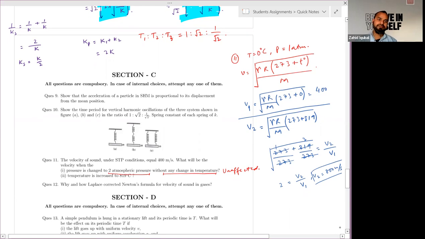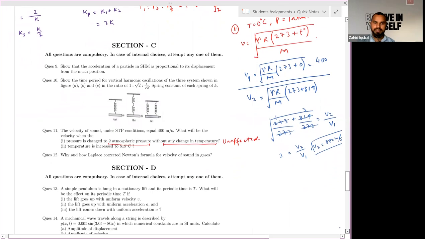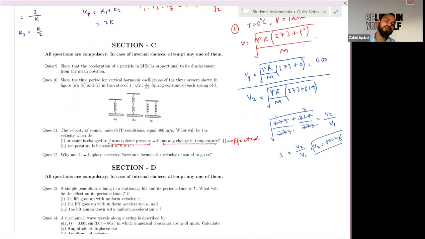Question number 12. Why and how did Laplace correct Newton's formula for velocity of sound? According to Newton's assumption for propagation of sound, it was an isothermal process. For an isothermal process, beta will be simply pressure. And if you substitute pressure and density of air, you will get about 280 meter per second, which is smaller as compared to the actual speed of sound.